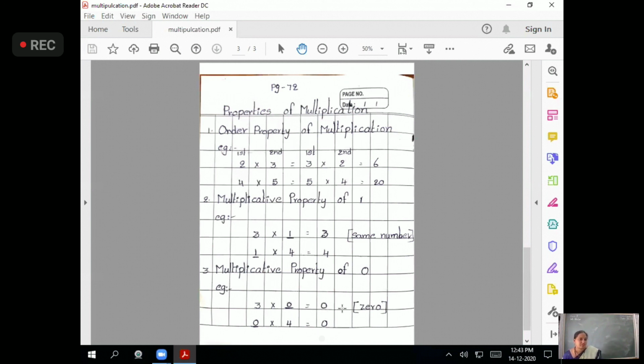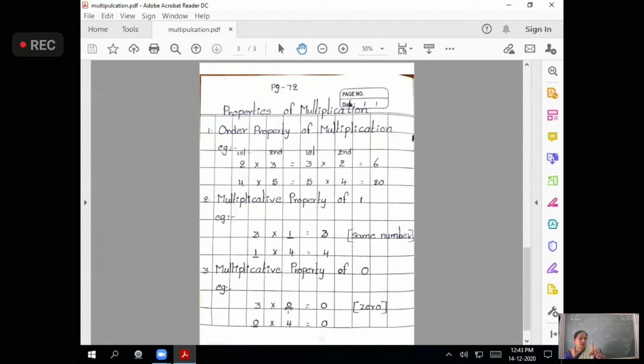Remember that one. 3 into 0, 3 zeros are 0. Next one, 0 into 4, 0 fours are 0. So just observe here, in the question if 0 is there, the answer is also 0 only.